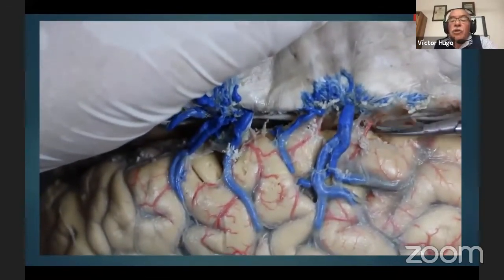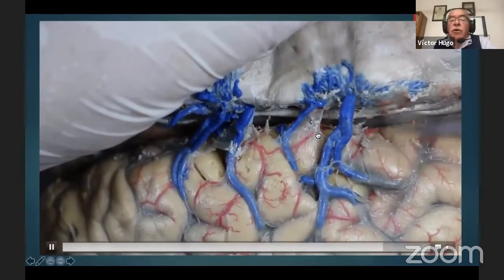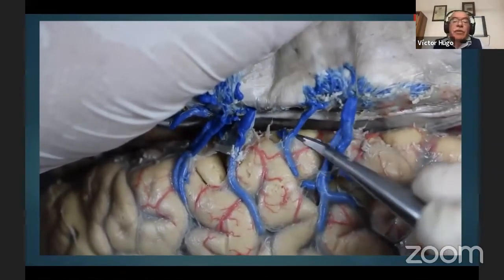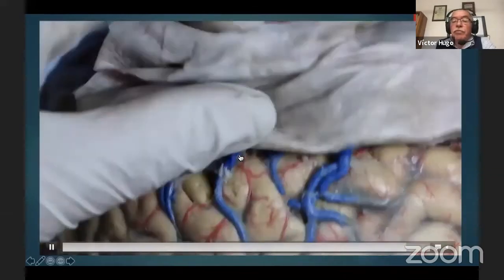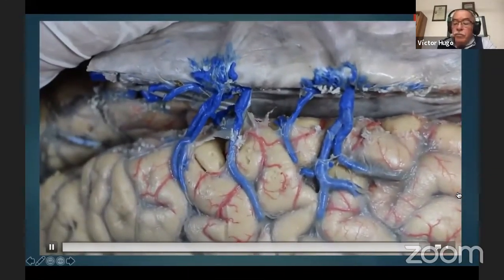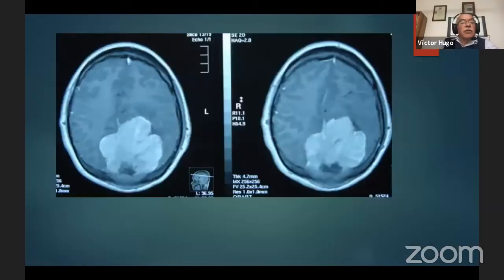You can also see some arteries that are coming from the anterior cerebral artery. So this is a great meningioma.